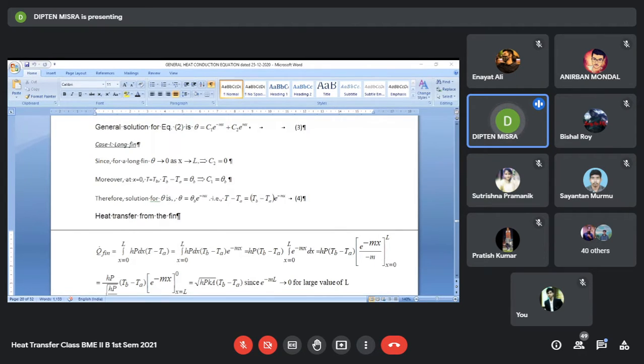Now, if we increase the value of m, suppose this value of m is 0.5, and we make the value of m equal to 0.6, then which way will it change? Can somebody tell?